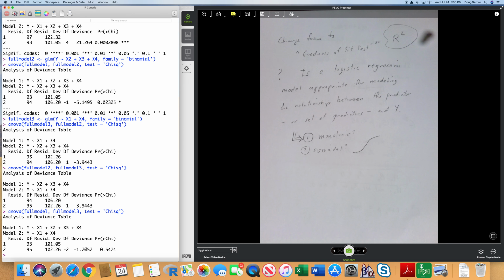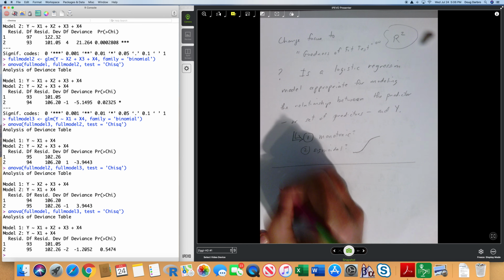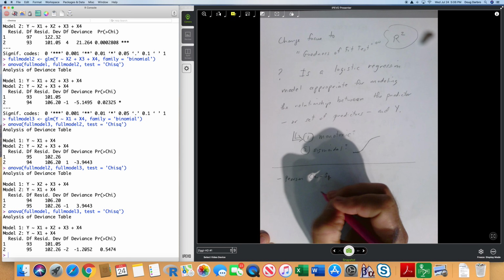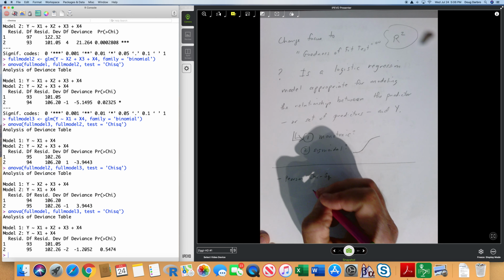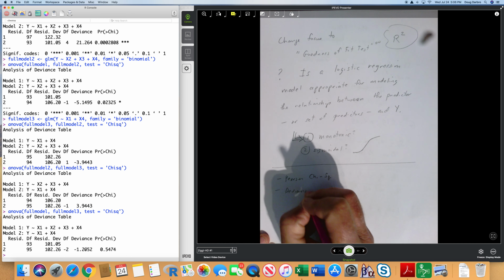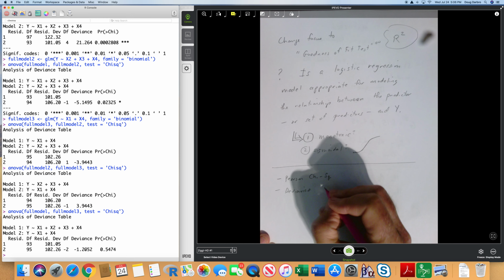There's 3 or 4 of these. Pearson chi-square is one way of looking at an overall model fit. There's something called a deviance, which is what the output in R gives.